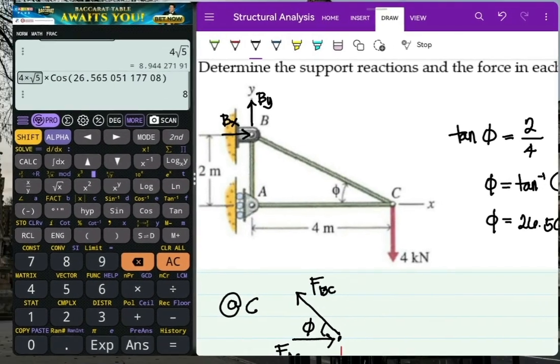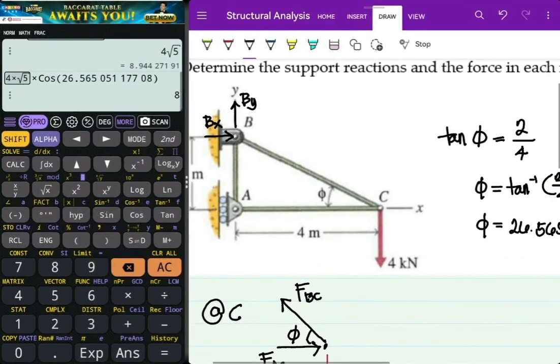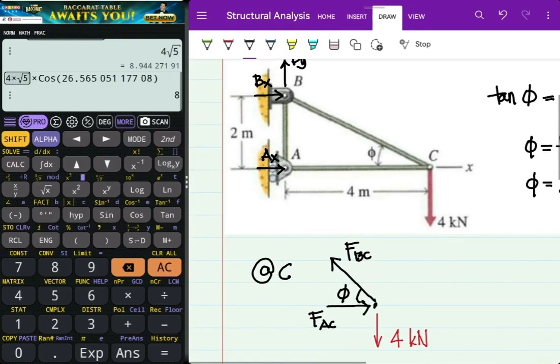And then for our A, it can also resist a horizontal component. Now, if we try to solve for B here, take note that AB is also still unknown.